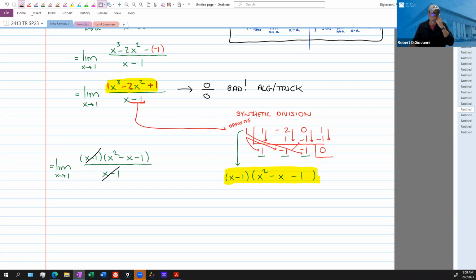It's not the end of the world, but you need to make sure that you get refreshed on that. So those factors cancel, and now I just let x go to 1. So let's let x go to 1 now. This becomes 1 squared minus 1 minus 1, which I believe turns out to be -1.